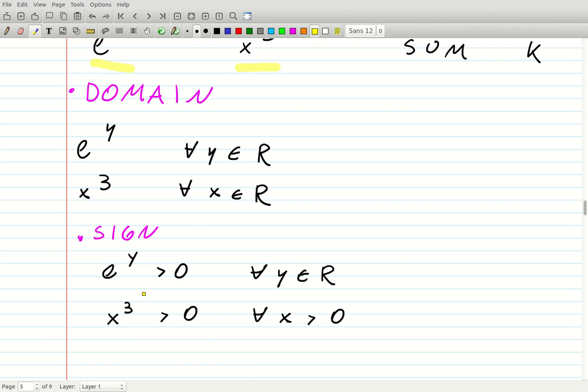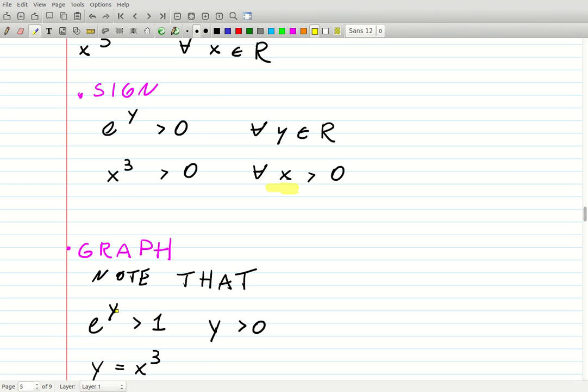The sign, now, is different from the last exercise. e to y will be greater than 0 for every real y, but our function x cubed will be greater than 0 if and only if x is positive. We note that e to y will be greater than 1 if y is greater than 0.